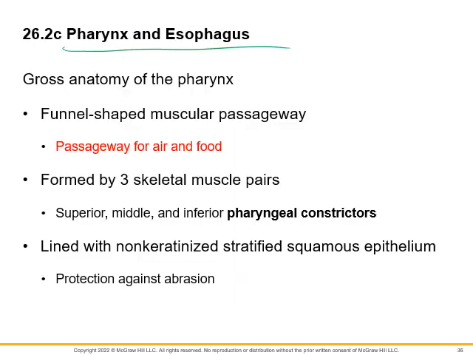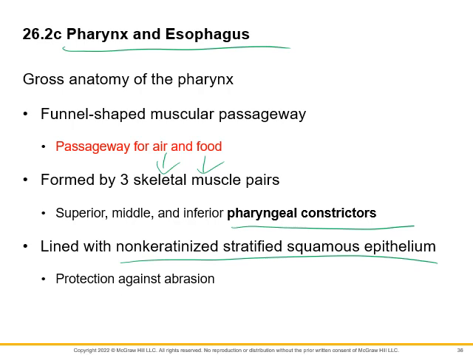Now we move on to the pharynx and the esophagus. So once we've masticated the food, we've chewed the food up, we've dumped salivary amylase on it, we're pushing it with our tongue back into the pharynx. Now we're going to move it from pharynx to esophagus. So we have skeletal muscles that are going to aid in the swallowing.